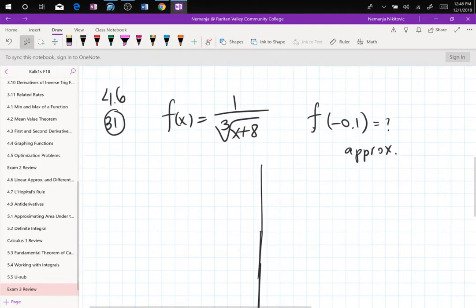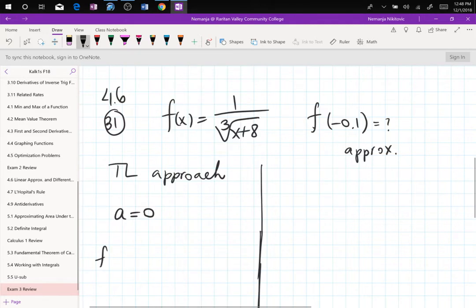All right, so this is the tangent line approach. So we will set a equal to 0 because 0 is the closest nice number to compute things at for negative 0.1, right?